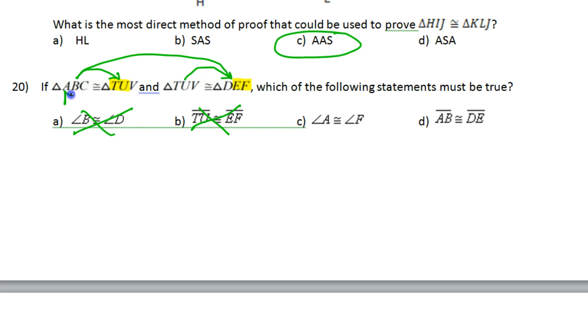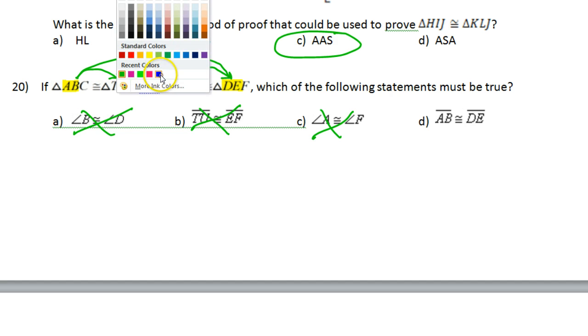No, angle A is first, angle F is third, so no. Hopefully this last one is it, because it's our last option. I don't like to be wrong. Is AB congruent to DE? AB is the first two, and DE is also the first two. So finally, yes, D would have to be the answer.